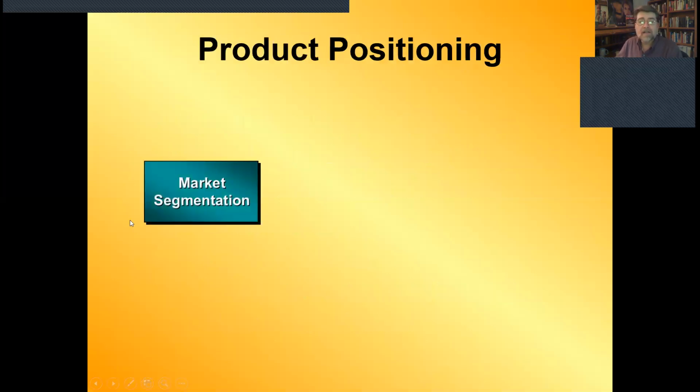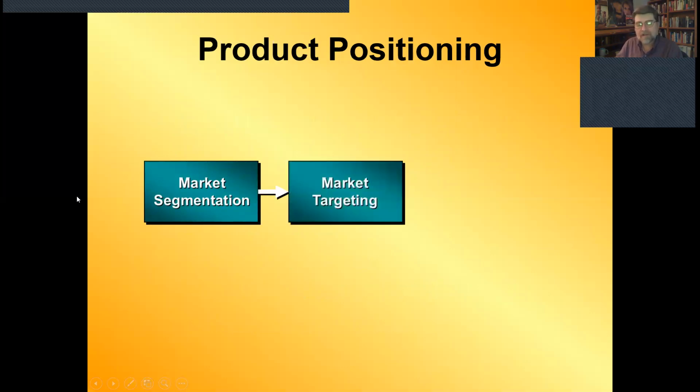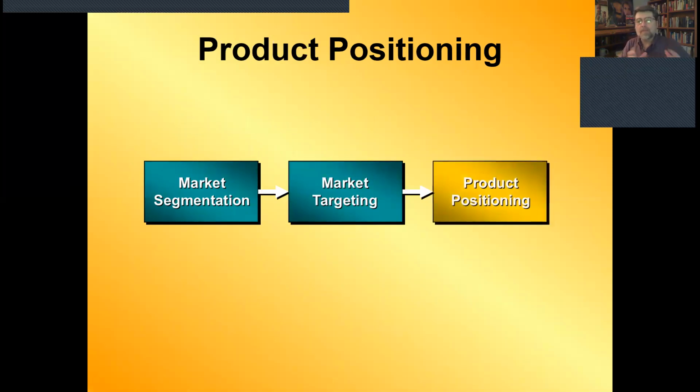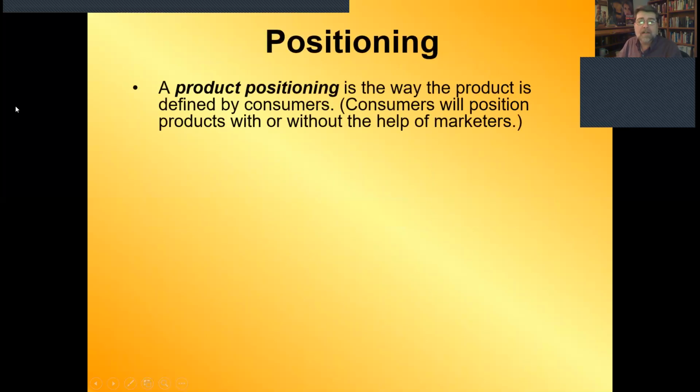So once we have segmented the market, and from those various segments that we have identified, we have chosen to target those, we then need to position our product for the specific target markets we've chosen to serve. And so product positioning is the way the product will be defined by the consumer, in the mind of the consumer.